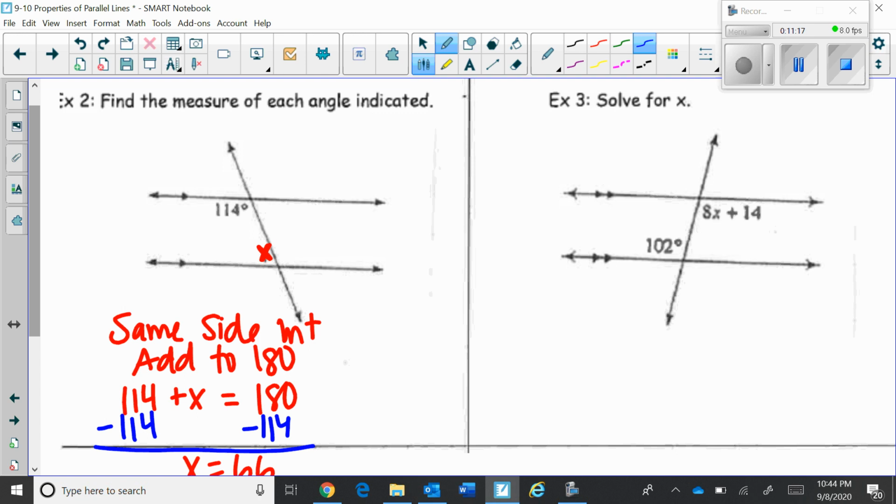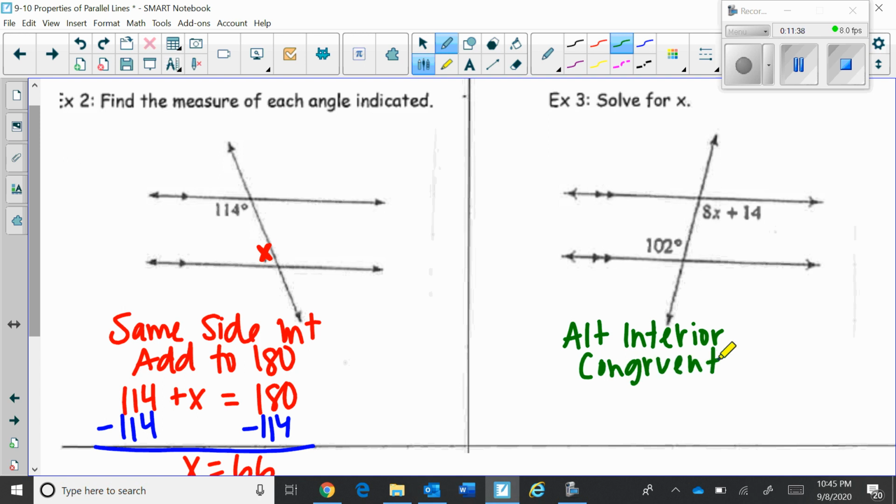All right, number 3, first things first, I want you to follow the same pattern. What type of angles are these? These are alternate interior. And what do we know about alternate interior angles? What's their relationship? They are congruent.